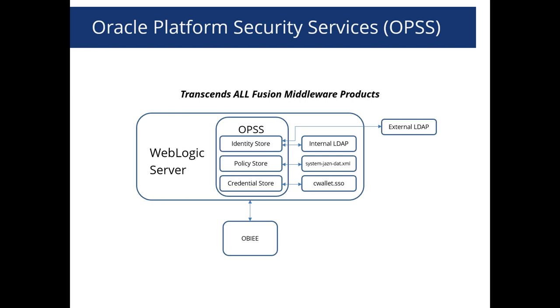You very well might have a centralized LDAP repository in your organization, possibly even integrated with your Active Directory. The decisions you make with regard to OPSS and the security vulnerabilities, as noted here, transcend all of the Fusion Middleware products. So you need to be concerned with the decisions made. Any decision with regard to OPSS is a serious decision.